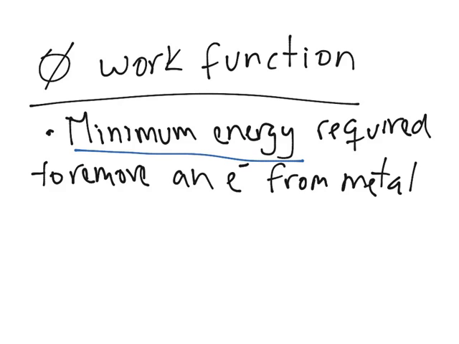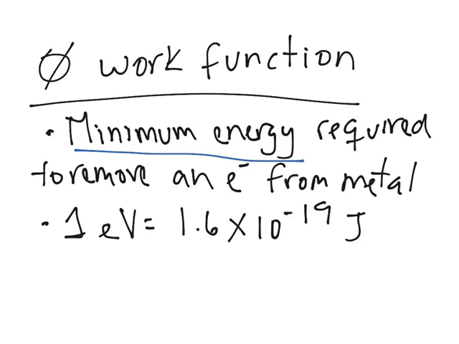So it's going to be in electron volts, and that is kind of like joules. So it's going to be 1 electron volt, which is the unit of the work function. And if you want to convert it into joules, it's 1.6 times 10 to the negative 19 joules.